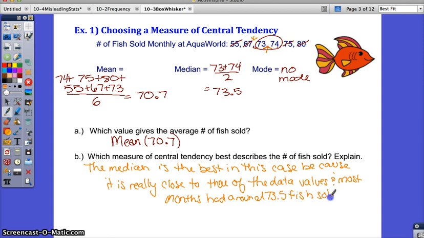So you want to definitely keep an eye on whether the mean or median might be a better representation, depending on what you're trying to get across and what you're trying to accomplish with it.